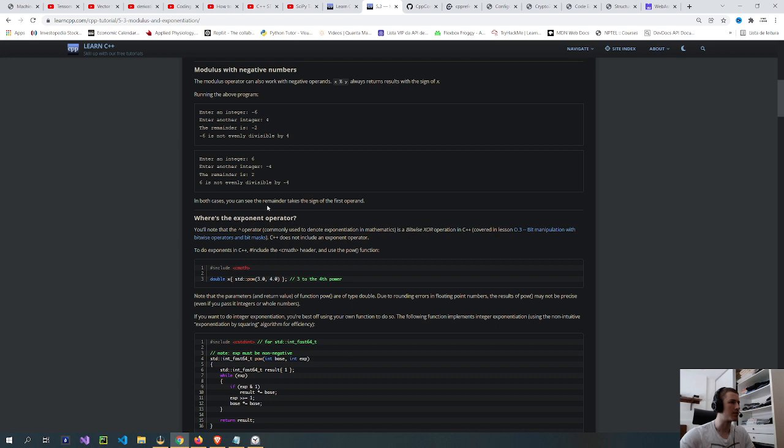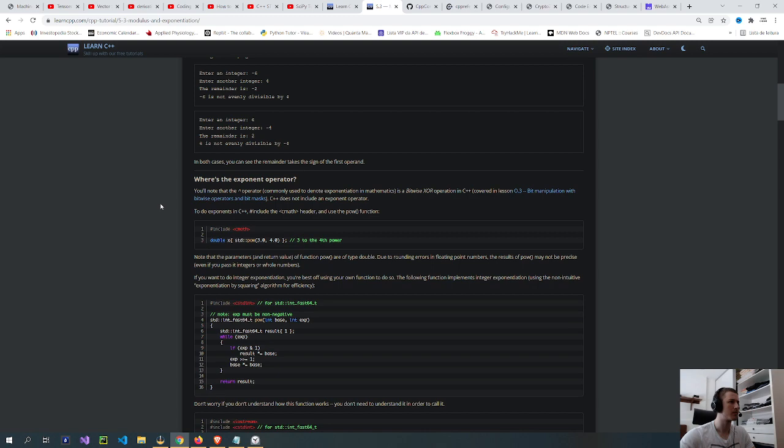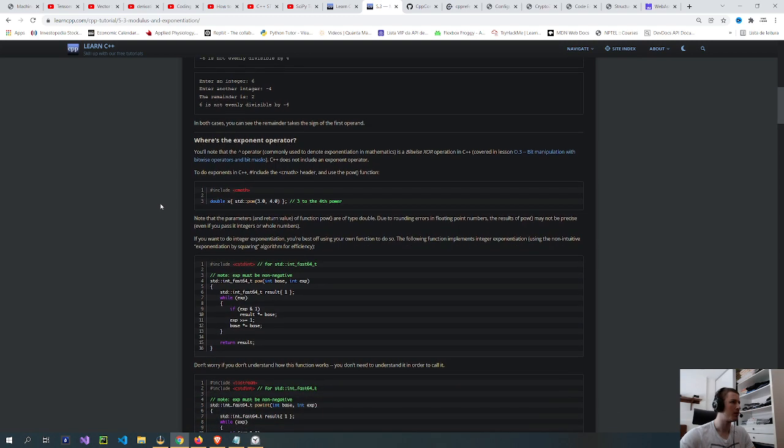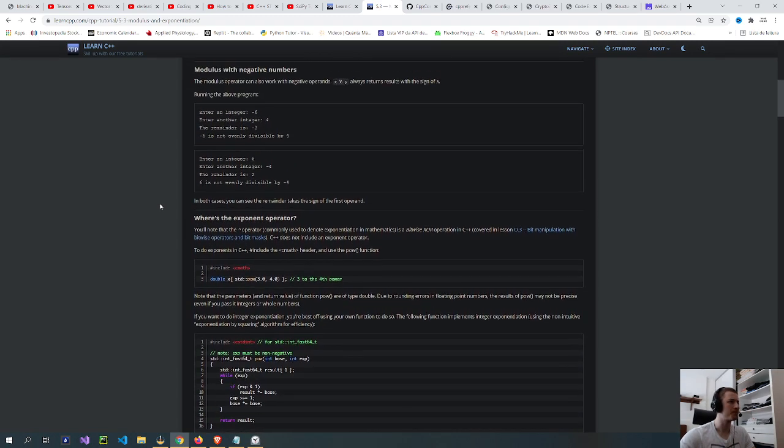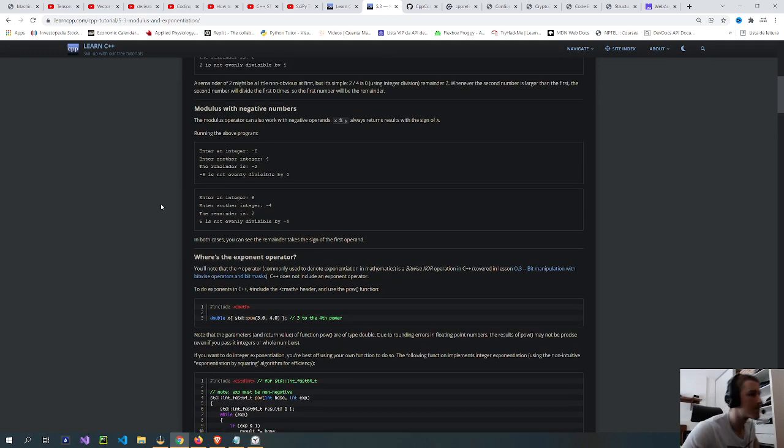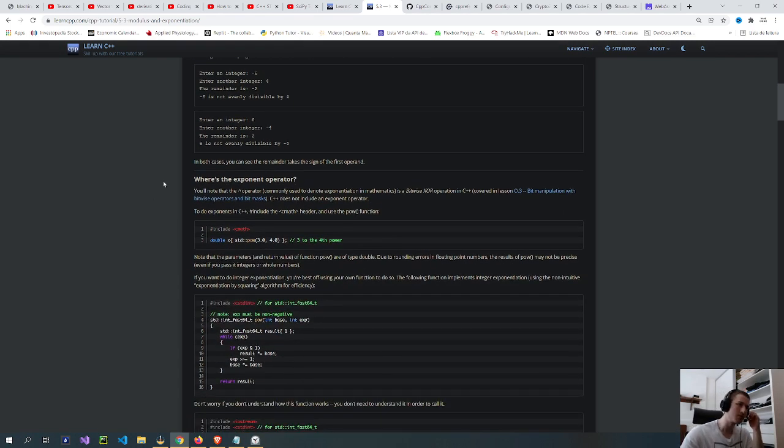In both cases, you can see the remainder takes the sign of the first operand. Because it's minus 6, it becomes minus 2 as the remainder. So the remainder takes the sign of the first operand.